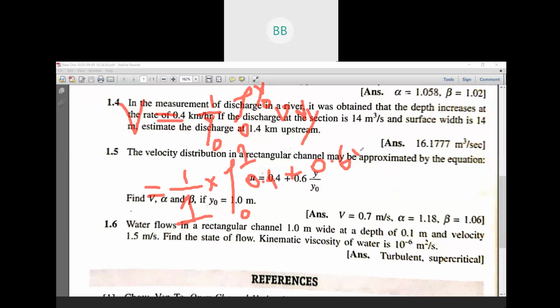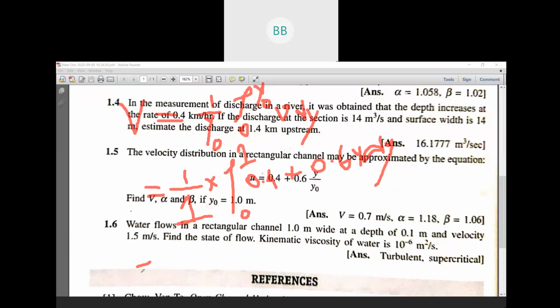Y naught is again 1, so you can directly write 0.6 y, and then we have dy.